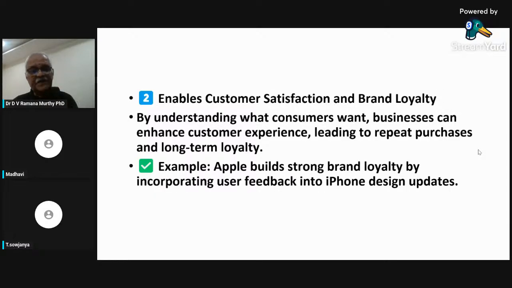The second important aspect here is it enables customer satisfaction and brand loyalty. You're not supposed to lose your brand to competitors. No, you can earn brand loyalty. It enables, because if you do research, customer research, I mean customer behavior analysis, by understanding what customers want, businesses can enhance customer experience adequately, leading to repeat purchases.